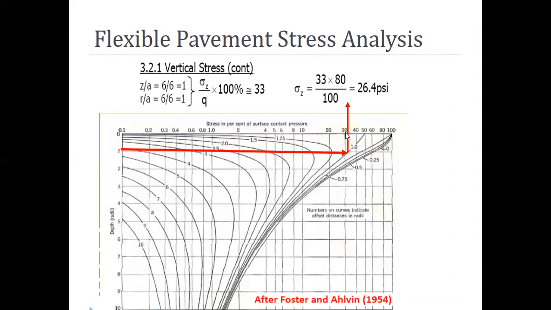And if it is between 30 to 35, the simple thing is we can take the average. So 30 and 35 makes 32.5, and for the sake of approximation, take it as 33. So sigma Z over Q multiplied by 100 is 33.